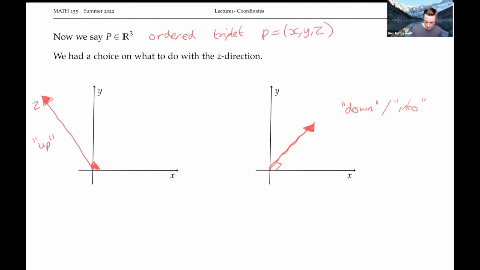So now we would have our right angle going down there. So why does this matter? Well, if we've got, say, a surface in 3 dimensions, you might want to know whether you're coming out of that surface or going into that surface. And so the orientation of your z-axis really matters.